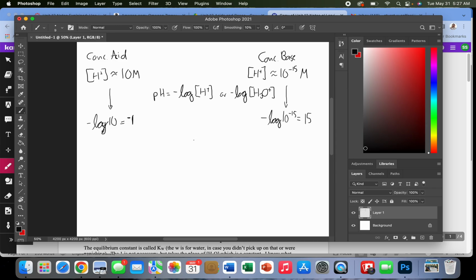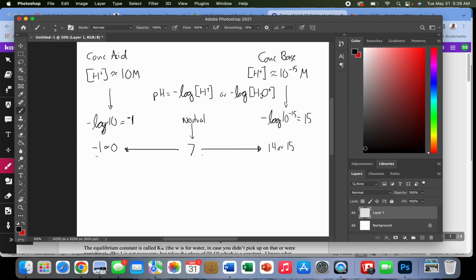For practical purposes, we say that our pH scale has a center of 7, and we'll find out why that is in a bit. It goes down for acids to somewhere between negative 1 and 0, and it goes up for bases, for practical purposes, to 14 or 15 or so.